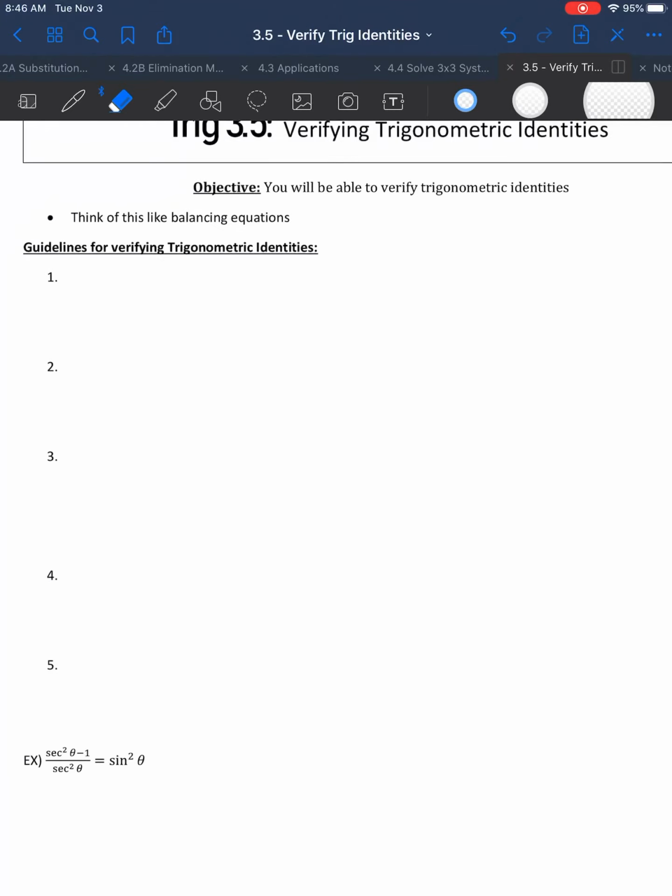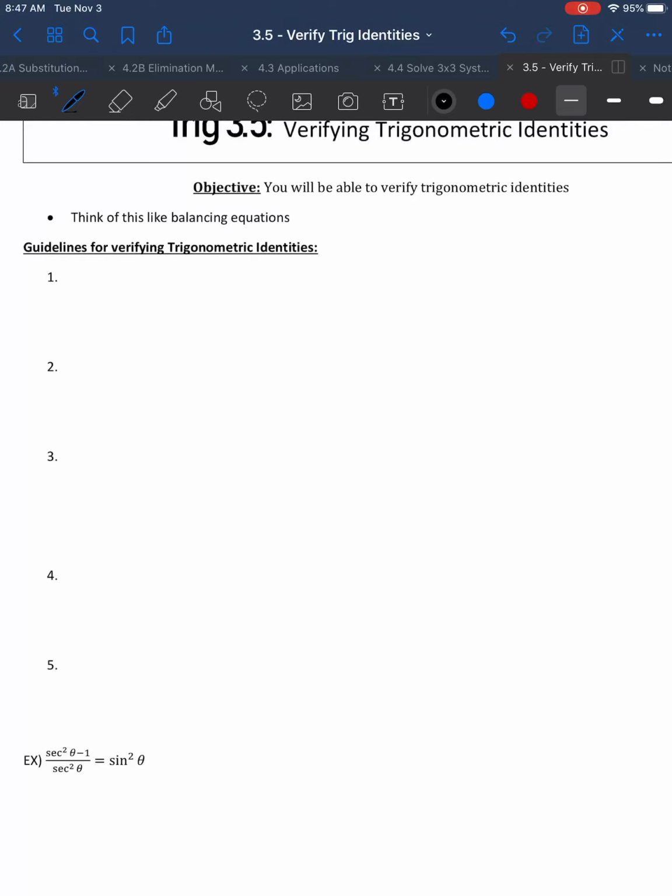Okay, so that should help a little bit, but some guidelines. These are merely suggestions, okay? They're not set in stone that you have to do it this way, but here are some things I want you to think about. First, work one side of the problem at a time. You can work and simplify either side you want.